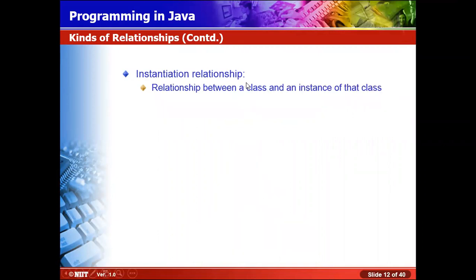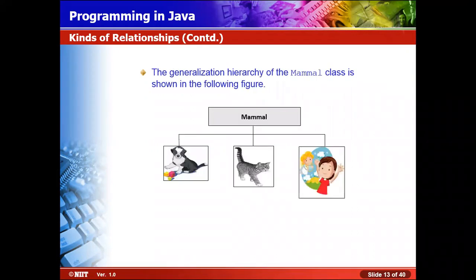Instantiation relationship. The relationship between a class and its instances. That means in your family, all the members are called instances of your family. So that is called the instantiation relationship. The relationship between a class and an instance of the class.